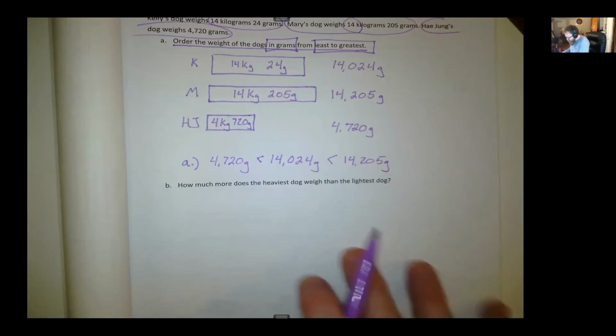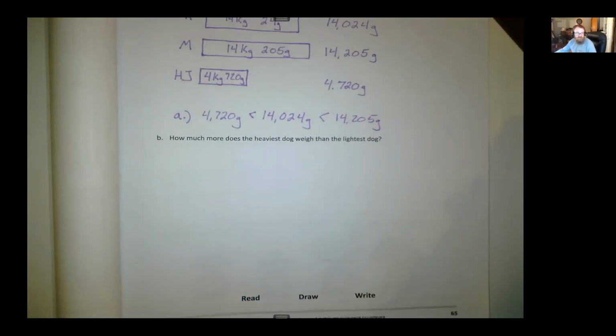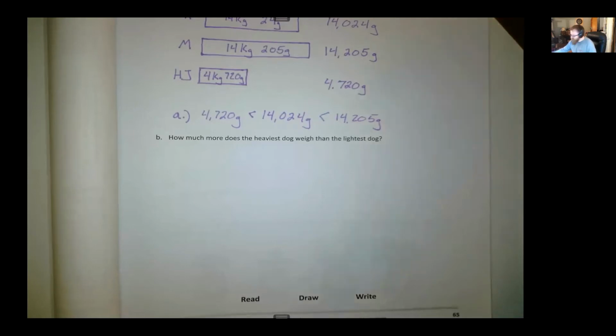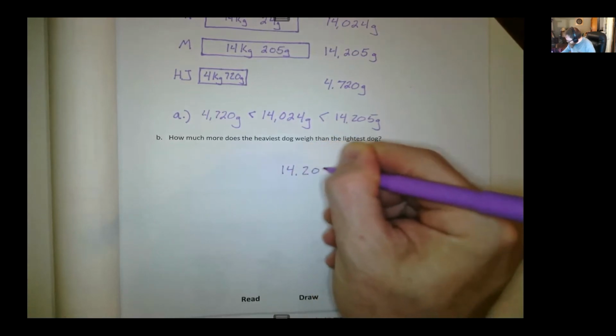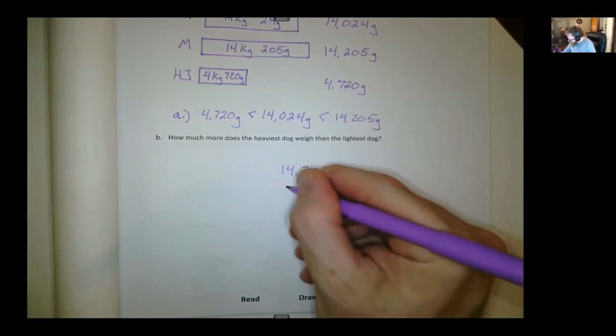Okay, order the weights from least to greatest. Done. Part A, done. Part B says, how much more does the heaviest dog weigh than the lightest dog? Well, we've got them ordered here. We know that our heaviest dog weighs 14,205 grams, and our lightest dog weighs 4,720.